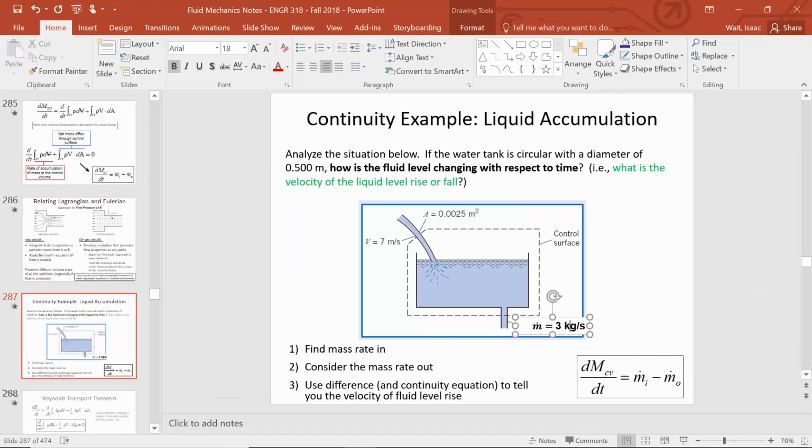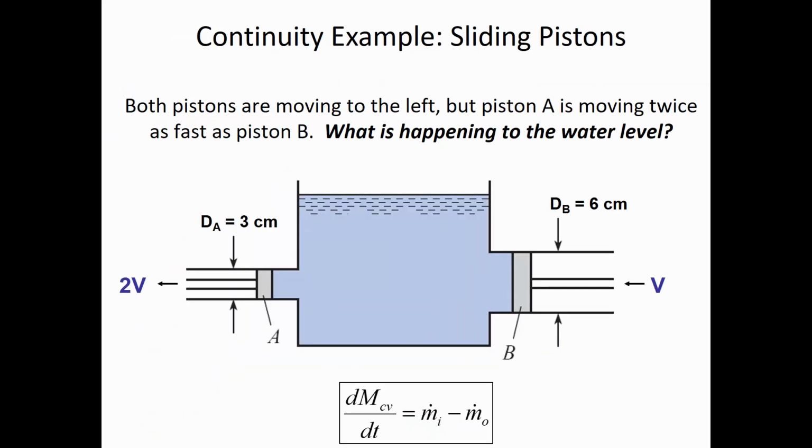All right. Well, let's move on with another application of the same idea. Now, we have a reservoir that has a couple of pistons, and the piston on the left, piston A, has a diameter of 3 centimeters, and it's sliding to the left at 2V.